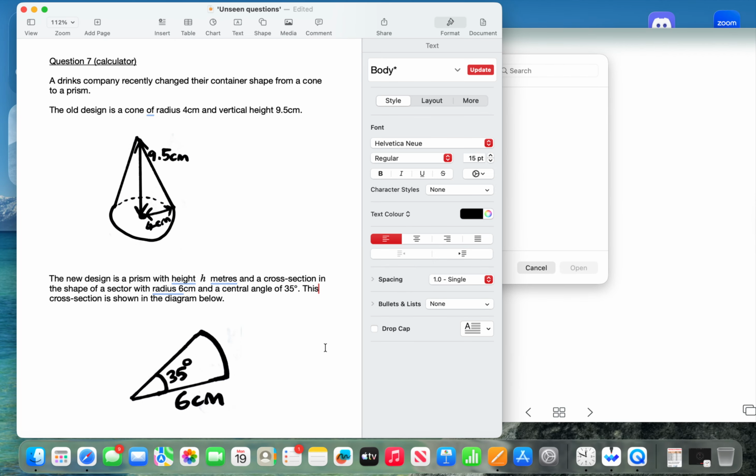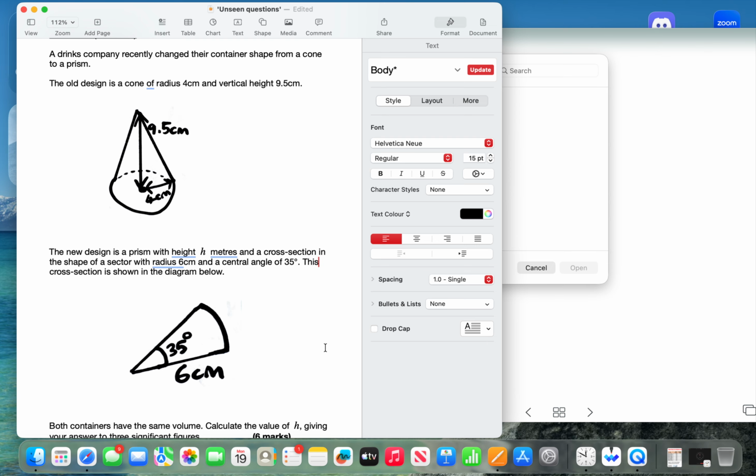We've got question 7, which is a calculator question, and it concerns a drinks company that has changed their container shape from a cone to a prism. The old design is a cone of radius 4 centimeters and vertical height 9.5 centimeters.